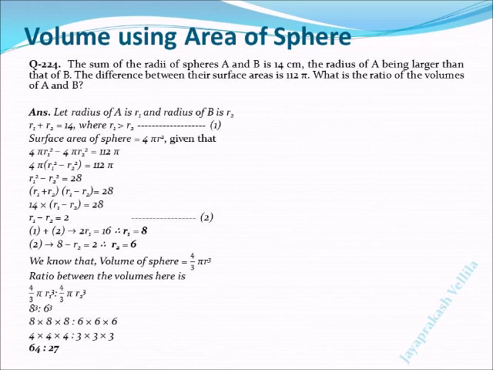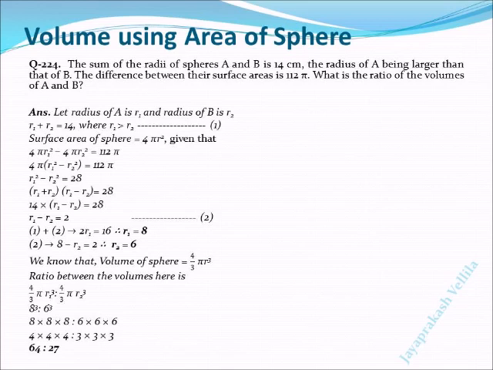From equation 1, r1 plus r2 is equal to 14. Therefore, 14 into r1 minus r2 equal to 28. r1 minus r2 equal to 28 by 14 equal to 2. So, r1 minus r2 equal to 2, put this as equation 2.